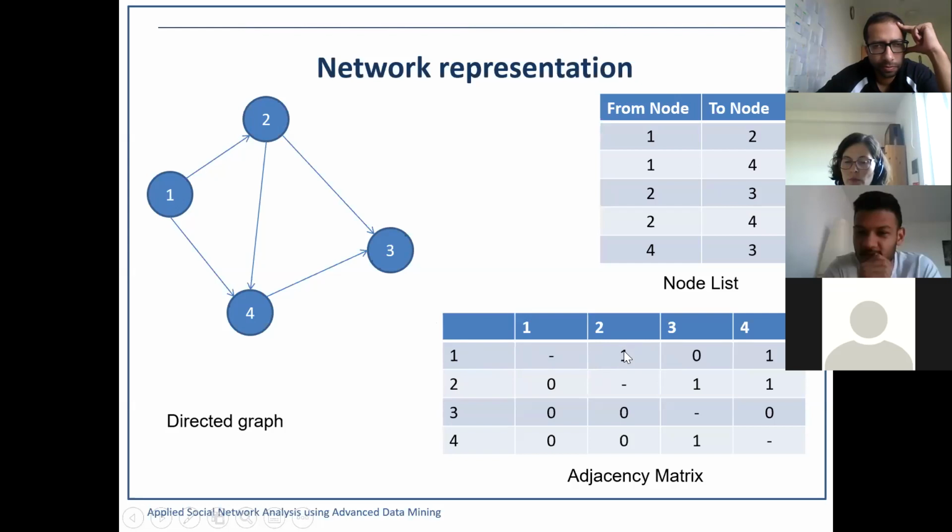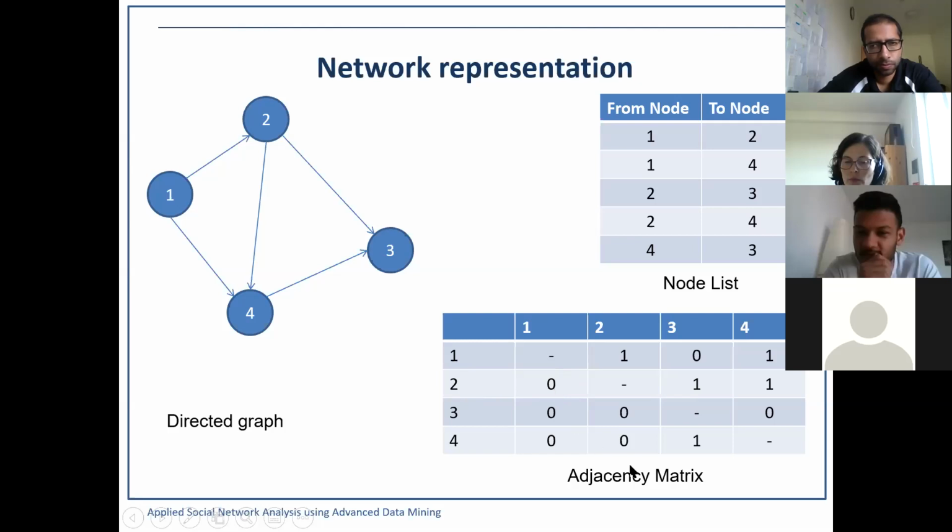In general, in position ij, I have a number 1. That means there is a link that goes from node i to node j, like in this case, from 1 to 2. Since it's a directed graph, we don't necessarily have a link from 2 to 1. In this position here, we have a number 0.